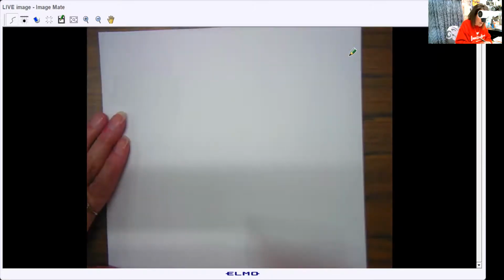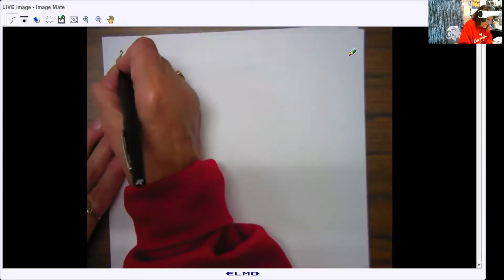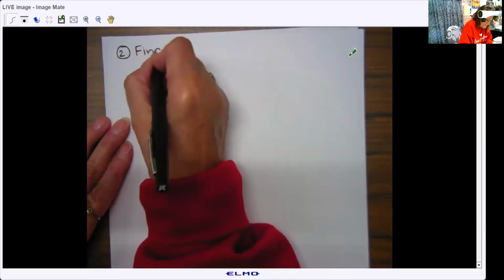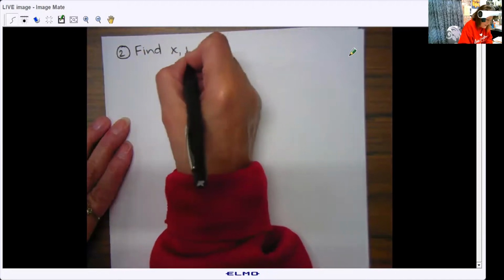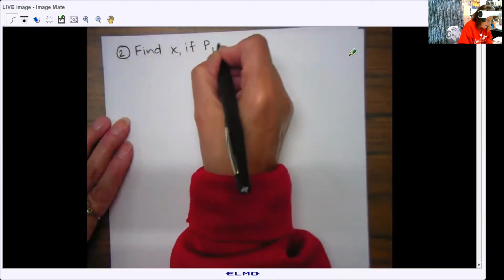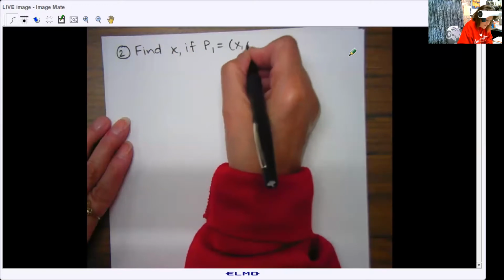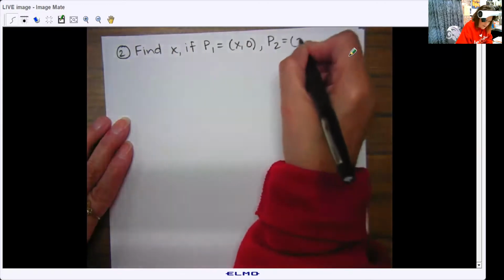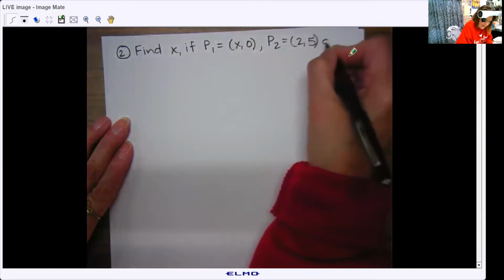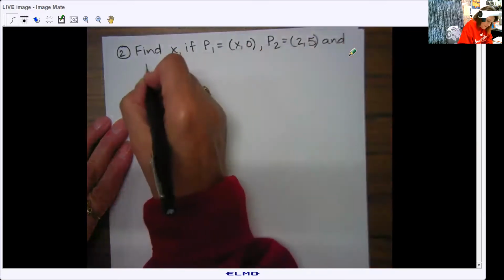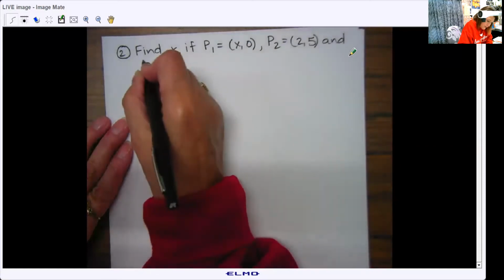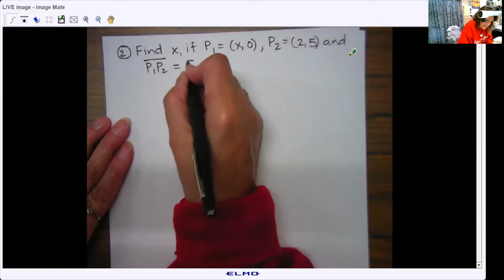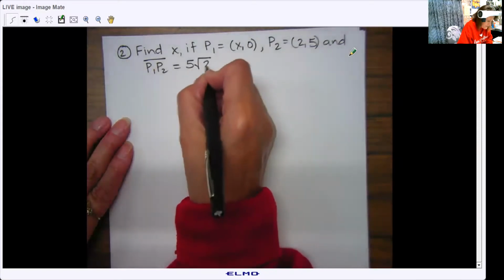Let's take a look at another example. Find x if P1 is (x, 0), P2 is (2, 5), and P1, P2 with a bar on it, which means the distance between P1 and P2, is 5 times the square root of 2.